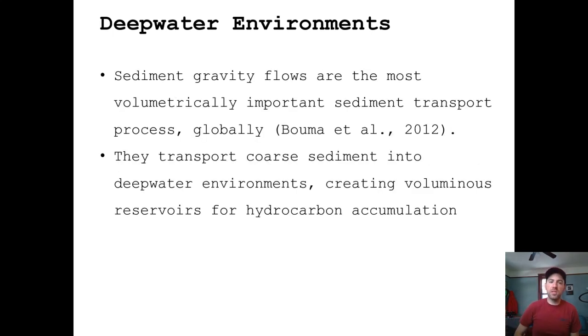And the reason that this is a critical component to focus on is that sediment gravity flows are considered volumetrically the most important sediment transport process globally. They move more sediment than any other transporting mechanism by volume.